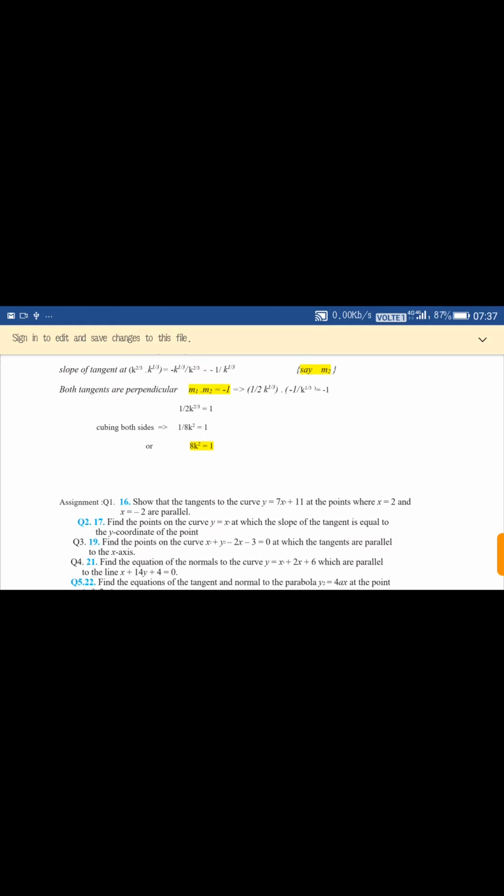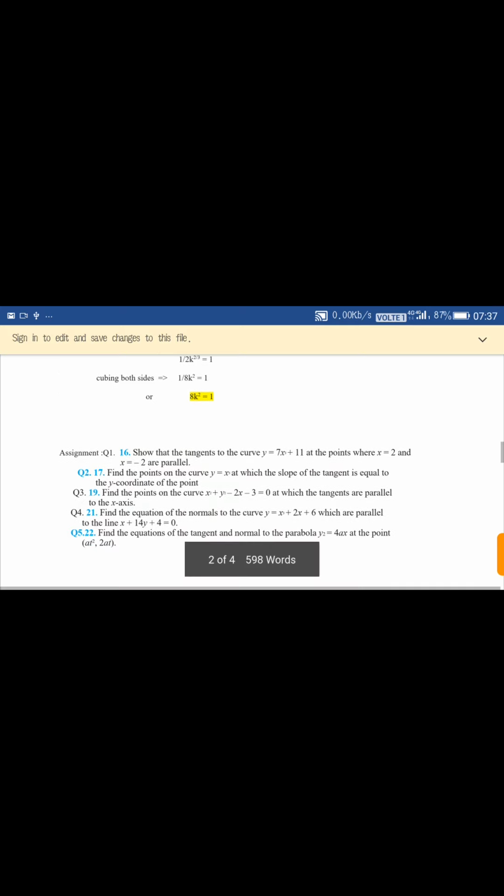Now some questions are here for assignment, and one important question is here from your exercise, that is: find the equation of tangent and normal to the hyperbola x square upon a square minus y square upon b square is equal to 1 at the point x1, y1.